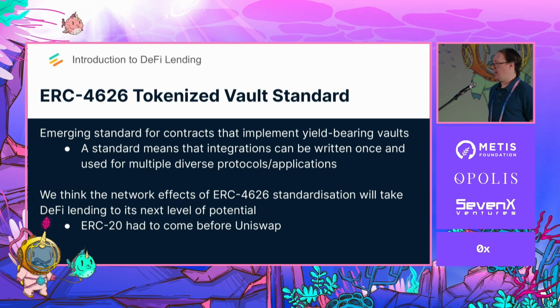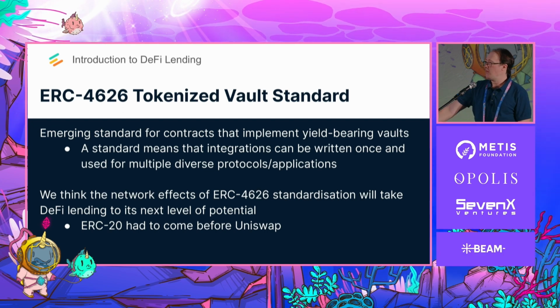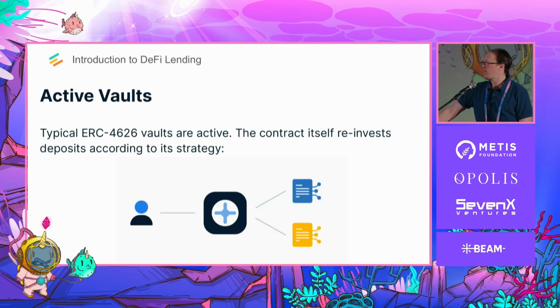We think the network effects of ERC-4626 will be very important for the future of lending markets. One thing I'd like to say is that ERC-20 had to come before Uniswap. Before you could have a good application like Uniswap, you needed a standard that all these tokens could agree on. We think 4626 has the potential to do that for lending markets.